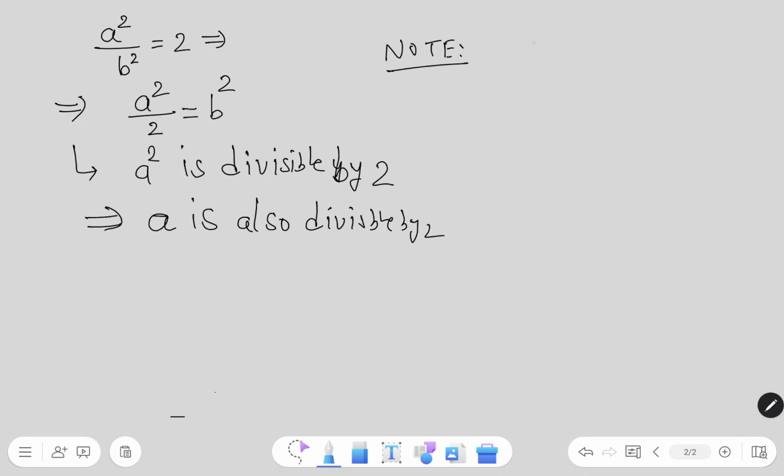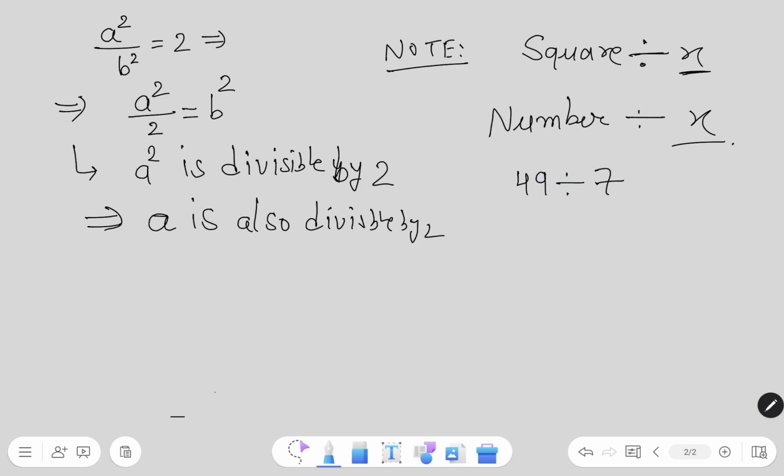If the square of any number is divisible by any other number, it means the number itself is also divisible by it. Okay, means if 49 is divisible by 7, it means 7 is also divisible by 7, common thing.